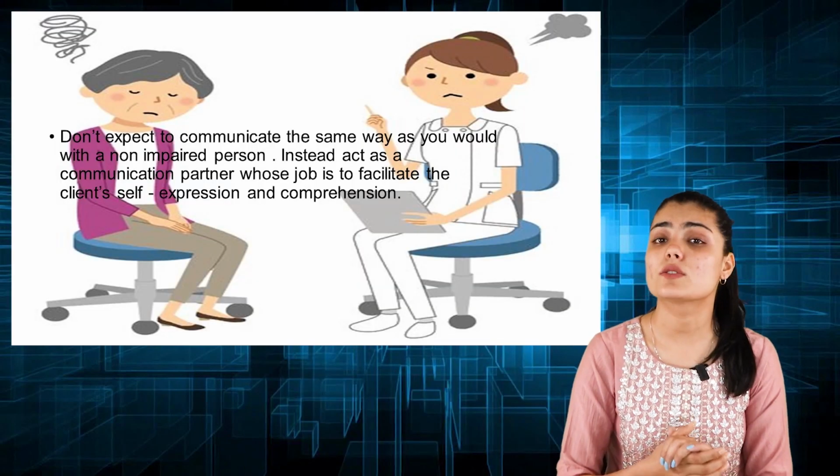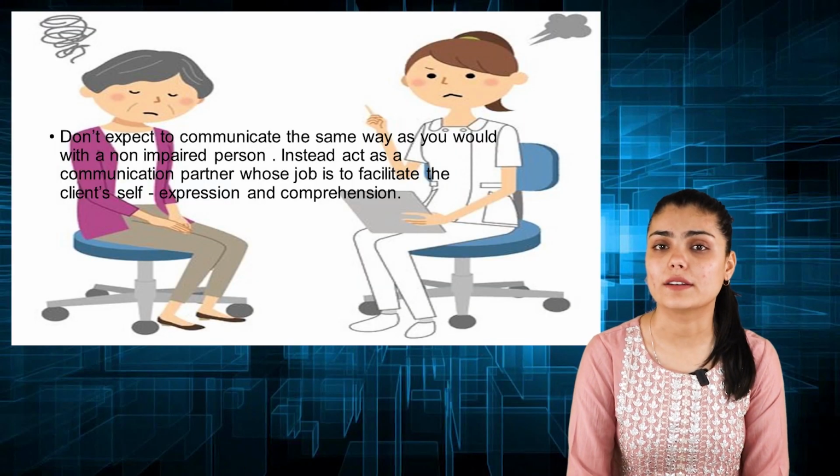So next is when we communicate with a healthy person. For example, if I'm communicating with my friend who's healthy, who does not have any kind of hearing problem, the person responds to us, we respond properly, and the person also responds properly to us, right? Because they are healthy, they are not suffering from any kind of problems. But here, as a nurse, you must remember that any patient or client you are talking to inside the hospital setting is not a non-impaired person, okay?